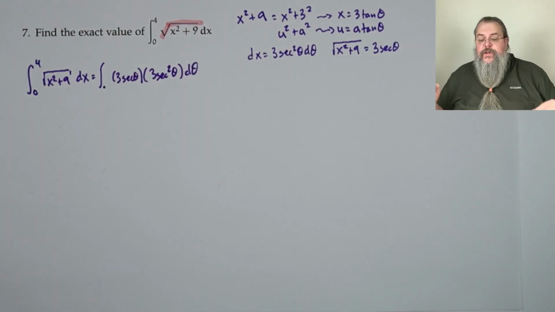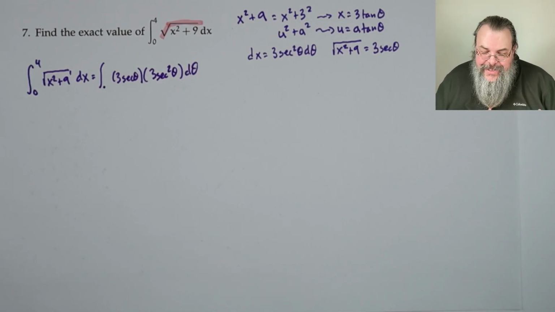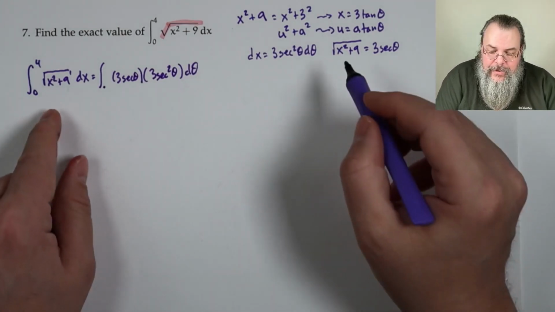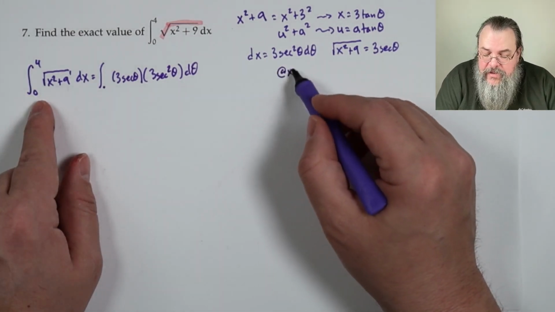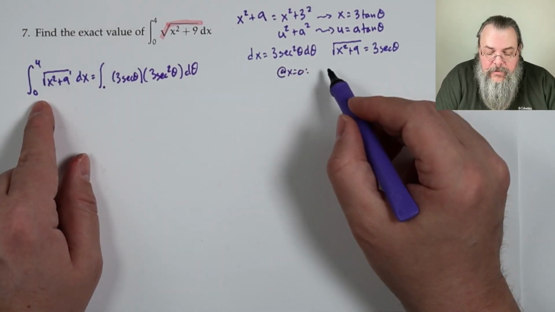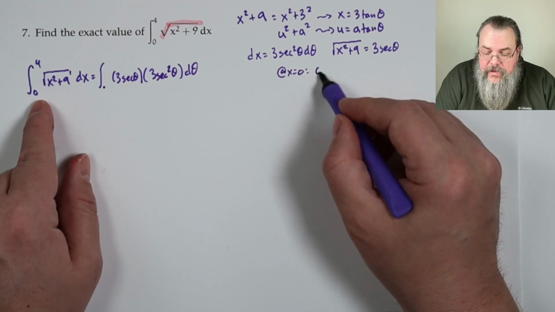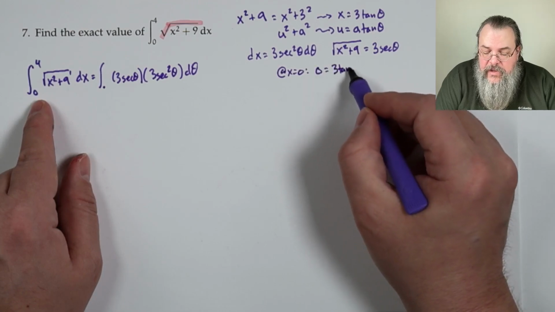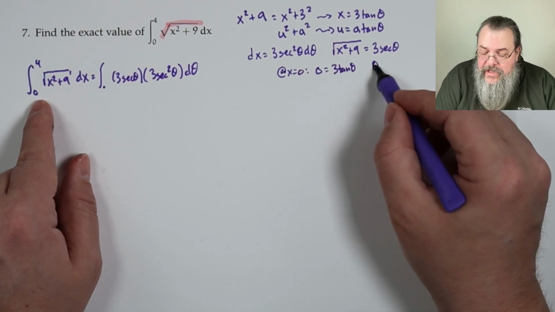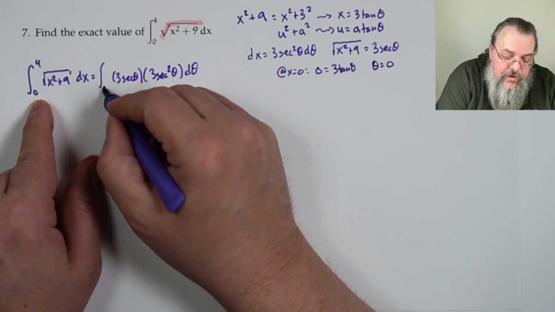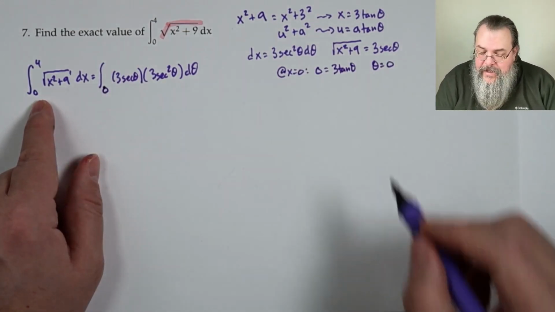All right, now the bounds. What are the bounds? Well, these are x bounds. All right, so at x equals 0, what do we have? Well, we have 0 equals 3 tangent theta, and so that says that tangent theta is 0, so theta equals 0. Okay, so this was a 0, which oftentimes that can happen.